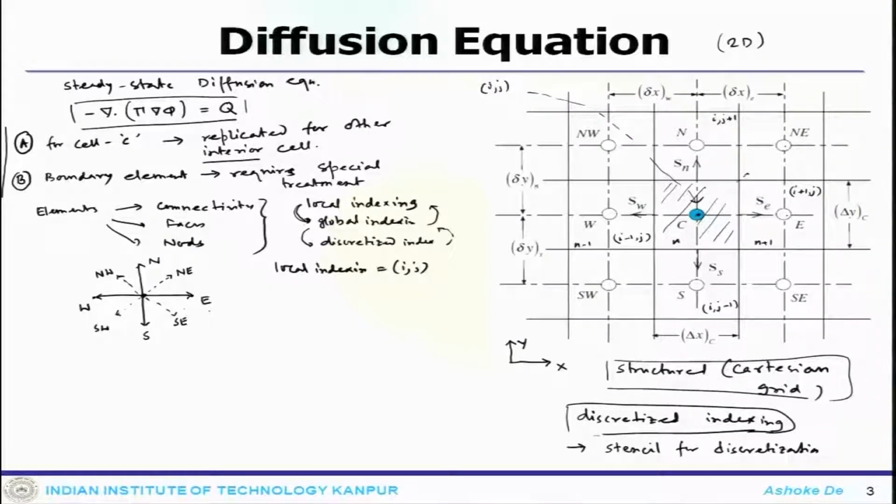As I said earlier, this stencil or discretized indexing typically follows the directional index or notation. That makes life easier to understand the whole ideology. So, this is southwest, this is southeast. That takes care of the element.